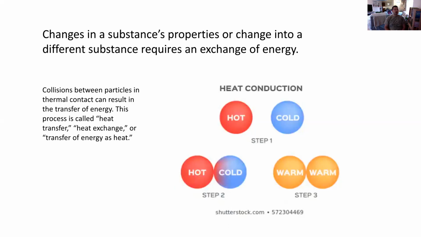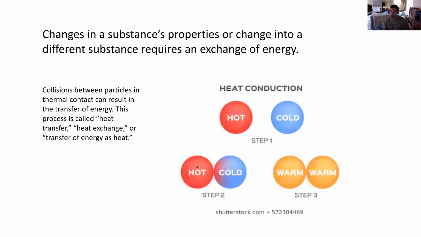This process is called heat transfer, heat exchange, or transfer of heat as energy. So the idea is if you have a hot source and a cold source, they have to come in contact, right? So contact is a huge piece, but when they're in contact, the collisions from the hot source will be colliding into particles of the cold source. And so those collisions will transfer energy.